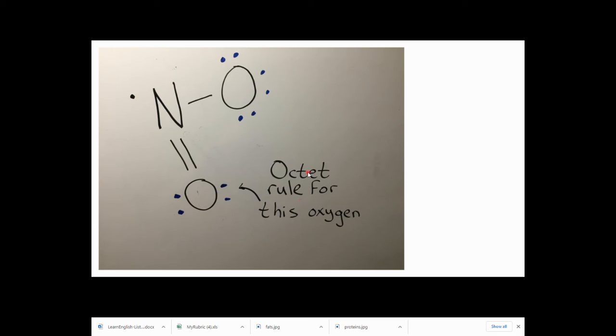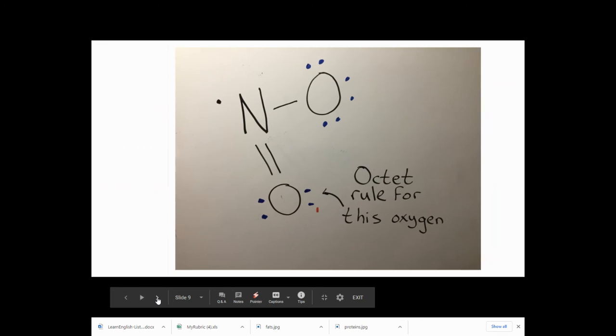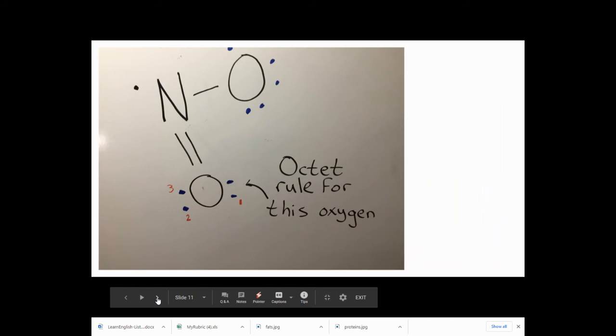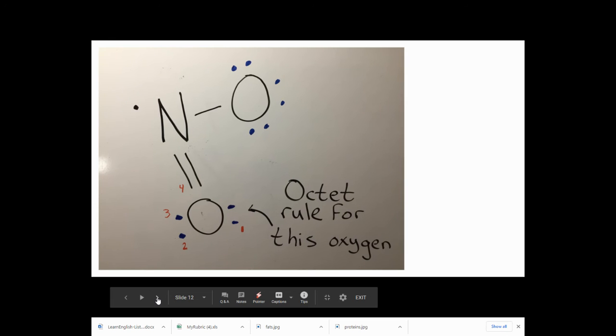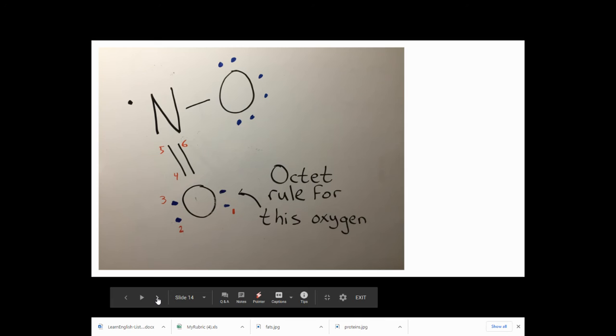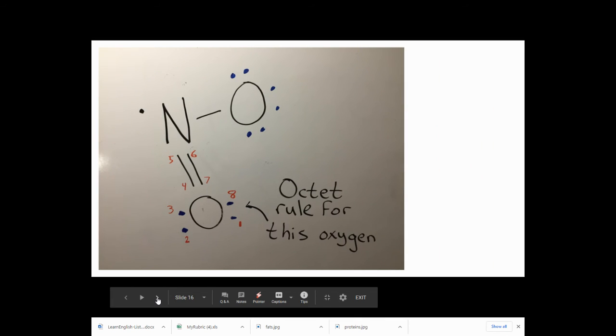Now, let us make sure that this oxygen over here fulfills the octet rule. So we are going to count the electrons very quickly. 1, 2, 3, 4, 5, 6, 7, 8. So this oxygen over here fulfills the octet rule.